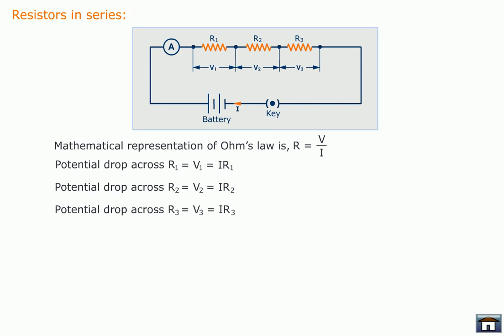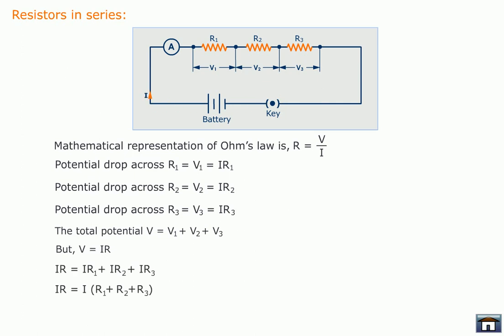But we know that V equal to V1 plus V2 plus V3. By substituting these values, we get IR equal to IR1 plus IR2 plus IR3. Then we can cancel I throughout the equation.